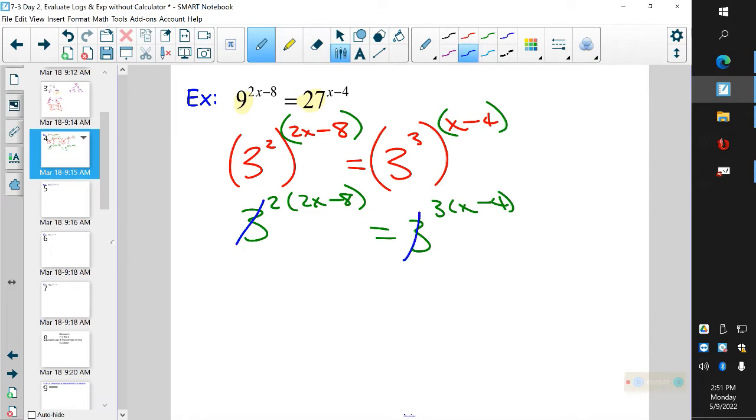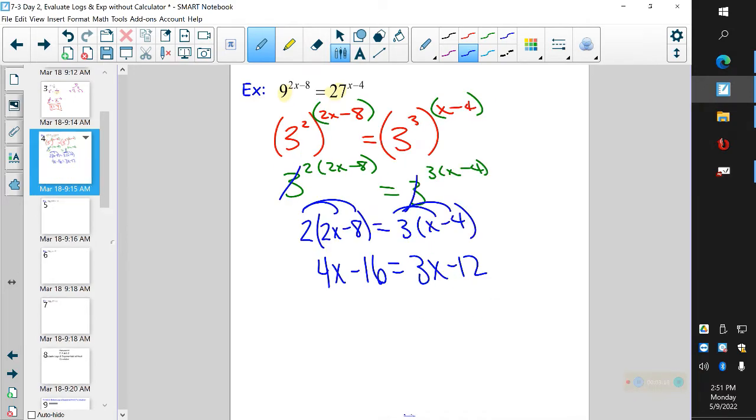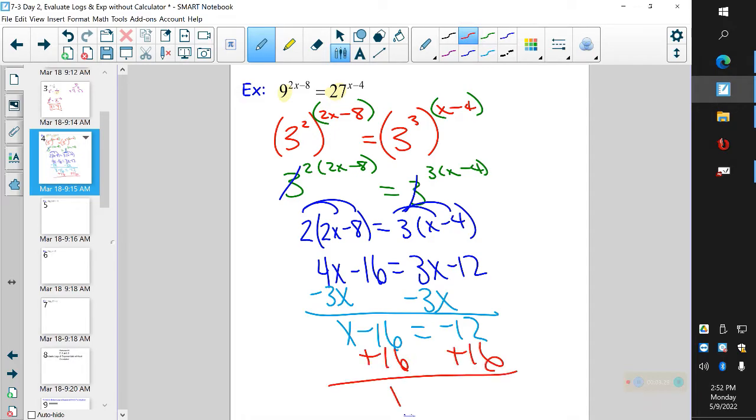Now my bases are the same, so I have 2 times x minus 4 in the exponent on one side, equal to 3 times x minus 4. I distribute: 4x minus 16 is equal to 3x minus 12. How do I solve this? Subtract 3x. I get x minus 16 is equal to negative 12. Add 16. And I'm going to get x is equal to 4.